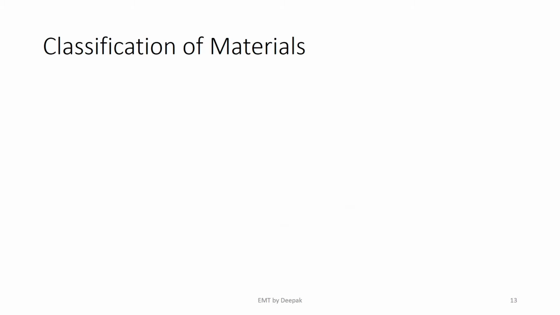Let us discuss the classification of materials. In the beginning, I told you that materials can be of many types. The major classification of materials with respect to electric field are conductors, insulators, and dielectrics.